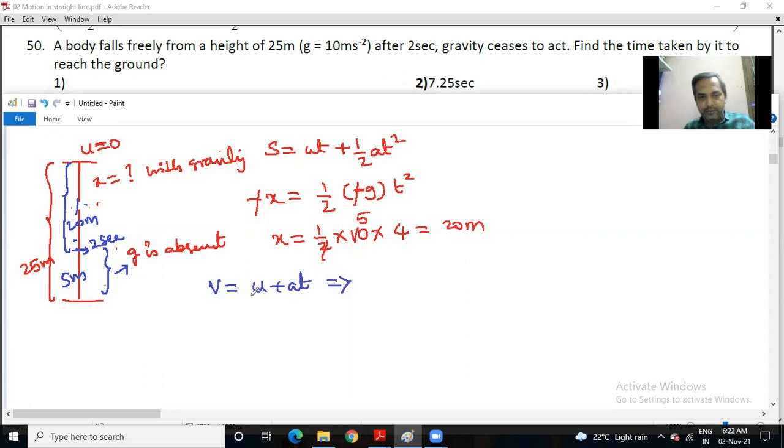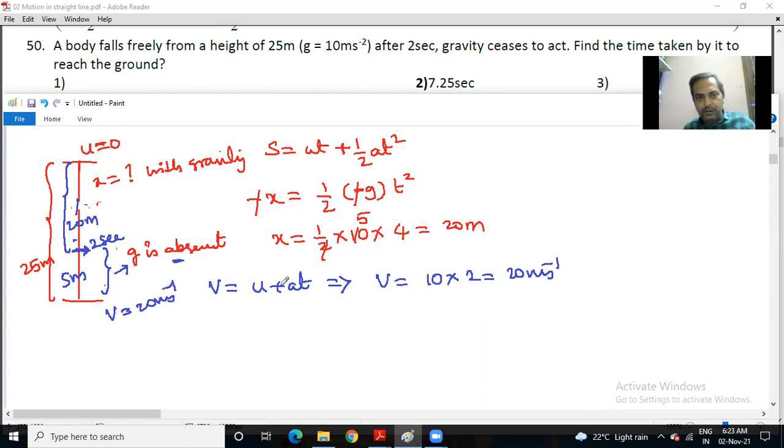Anyhow u is 0, v is equal to g t, because up to 2 seconds gravity is present. So g is 10, t is 2 seconds. So it is going to acquire 20 meters per second after traveling 20 meters. Since gravity is absent, it travels with the same velocity, 20 meters per second, for 5 meters.